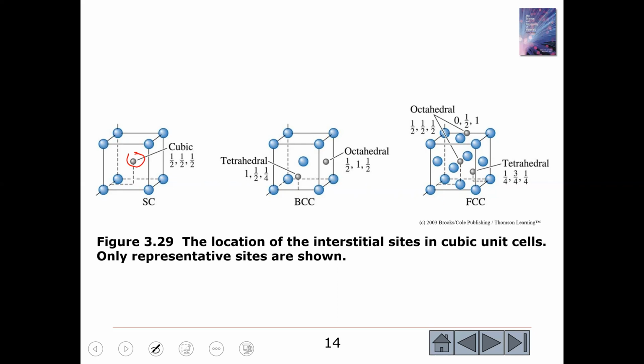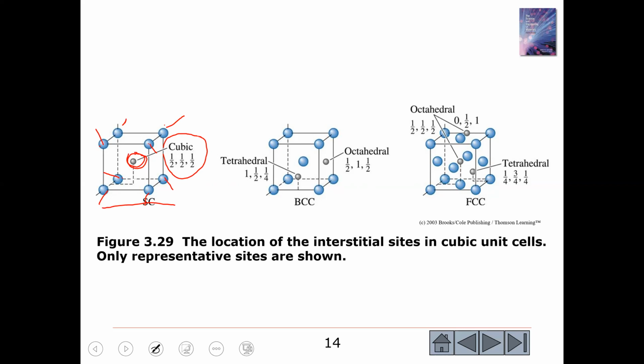So if you look at this gray atom in this figure, it is going to touch this atom, this atom, and the 4 in the bottom plane. So this center atom is going to touch 8 atoms in the surrounding. When the interstitial atom touches 8 atoms in the surrounding, we call it a cubic site.